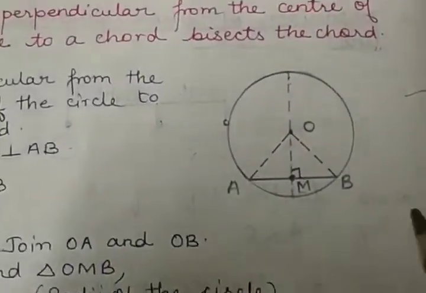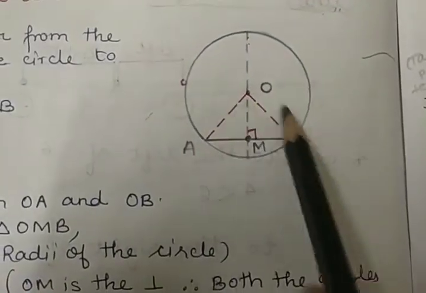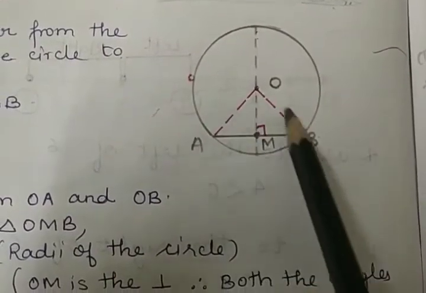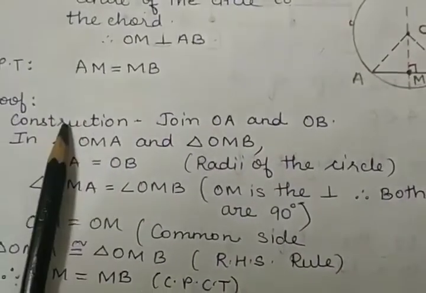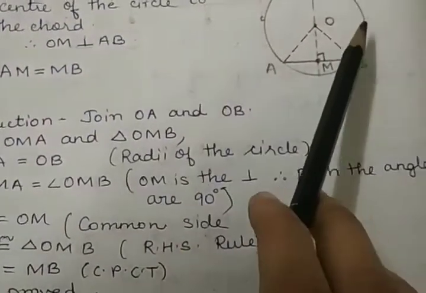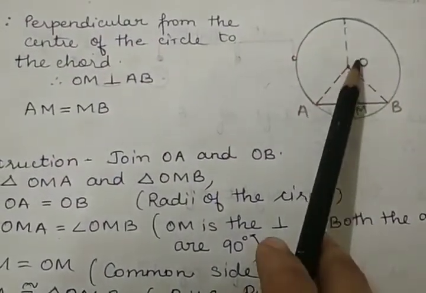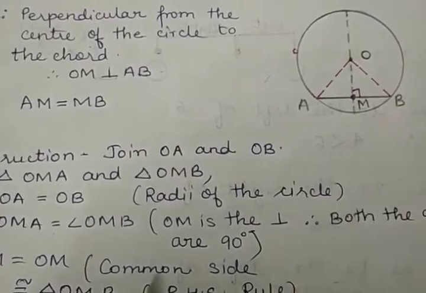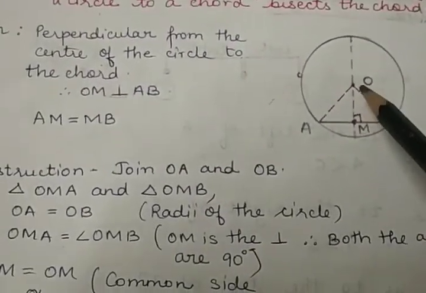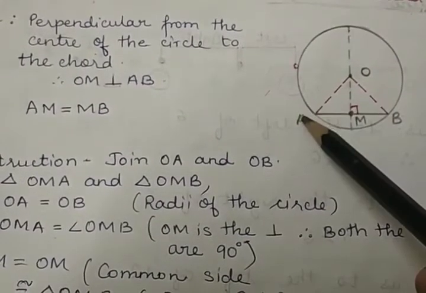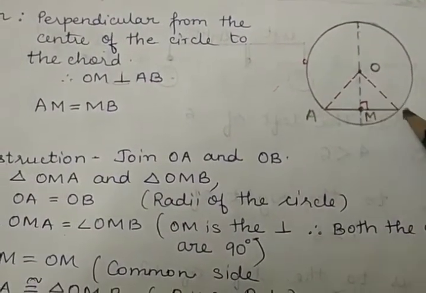OA and OB are joined. This is not given to you; you are constructing it, so I have mentioned here: construction, join OA and OB. Now this leads us to two triangles, OMA and OMB.